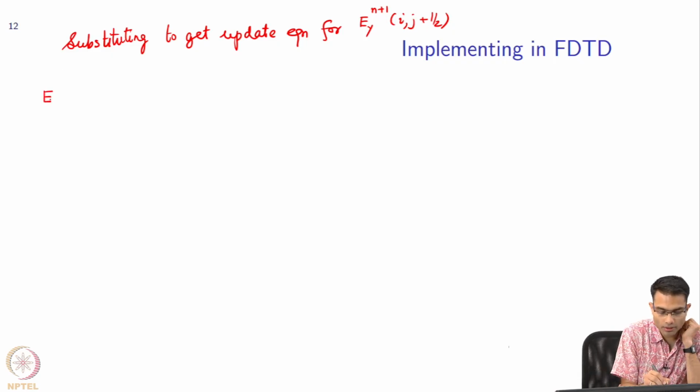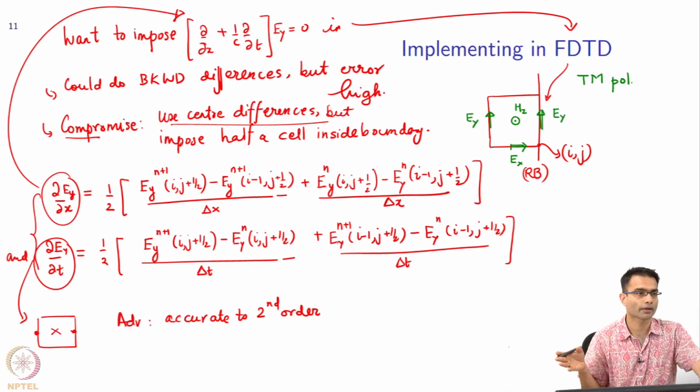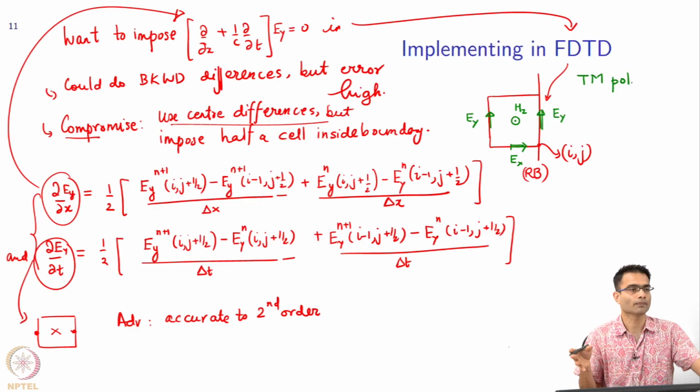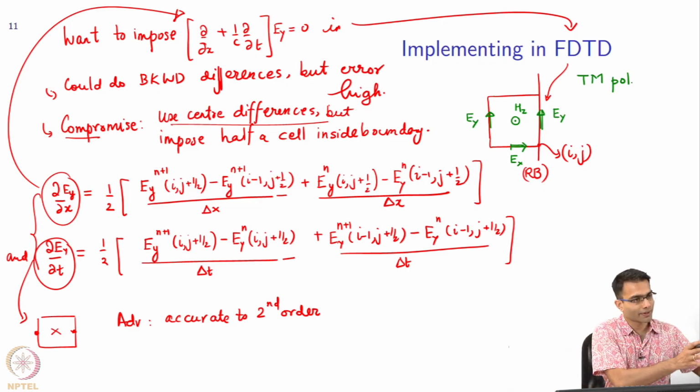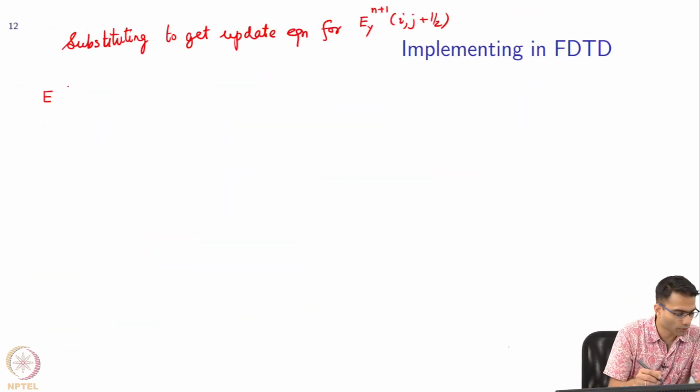I will write it down, it is very simple. There are 4 terms and 4 terms, 8 terms. So what will be the key? Keep the term that you want on the left hand side, move everything else to the right hand side. Okay, so I will write down the final expression.